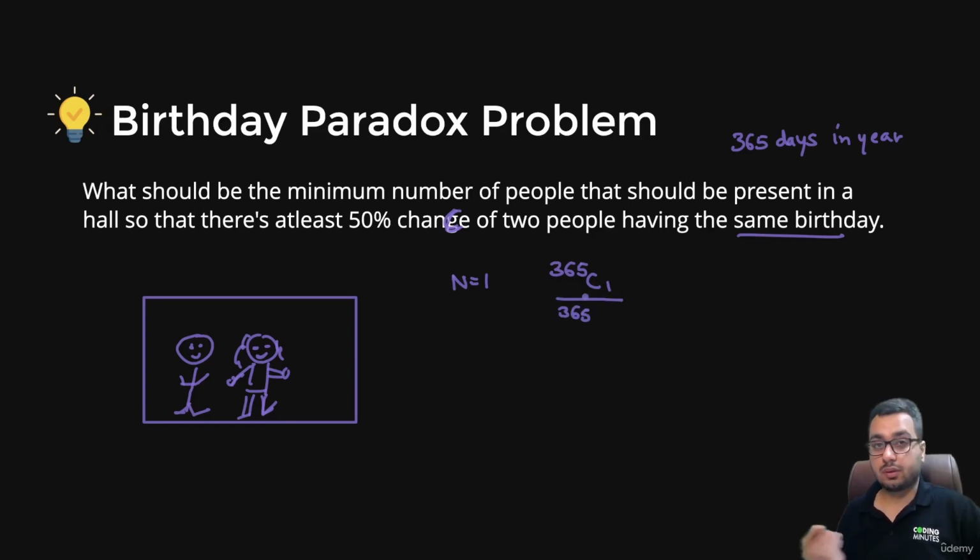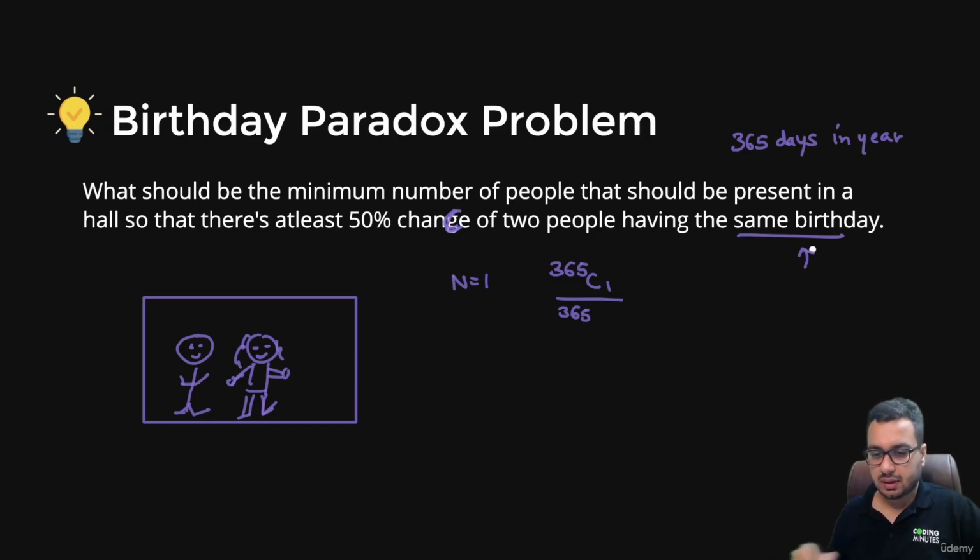It is difficult to calculate for the same birthday directly, because we don't know which two persons will have the same birthday. It would be a lot of combinations. So we are going to slightly twist this question.